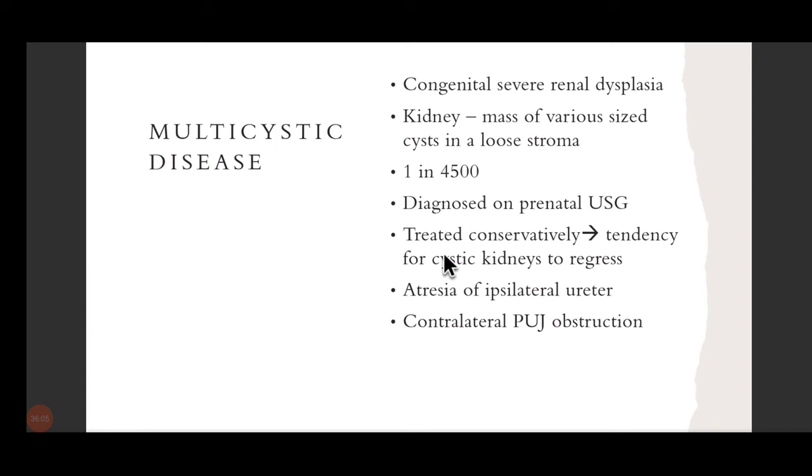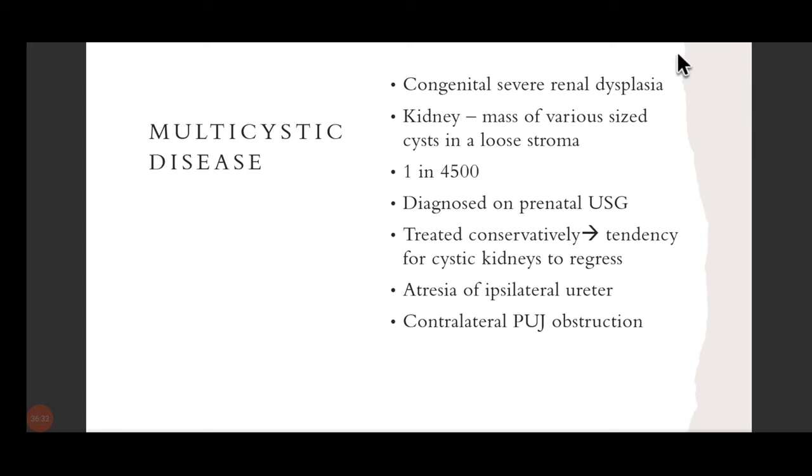And multicystic disease is a congenital severe renal dysplasia. The kidney is often a mass of various sized cysts in a loose stroma. It is seen in 1 in 4,500 population, diagnosed usually on a prenatal ultrasonography scan. Earlier, it was treated with surgery.